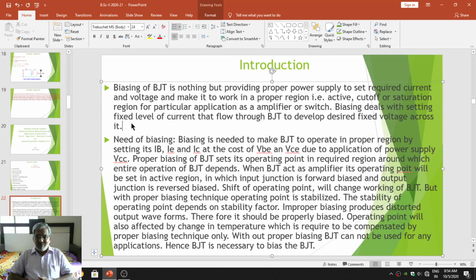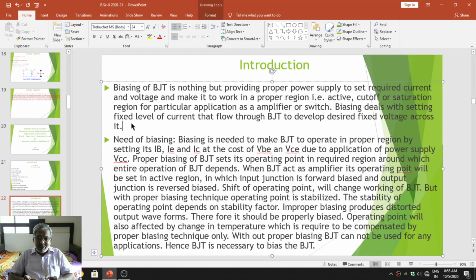Generally, when a transistor is to be used as an amplifier, you have to connect one supply between base and emitter, that is to the input junction, so that it is going to act as a forward bias, and you have to connect another supply between collector and base, that is to the output junction, so that it is going to act as a reverse bias.